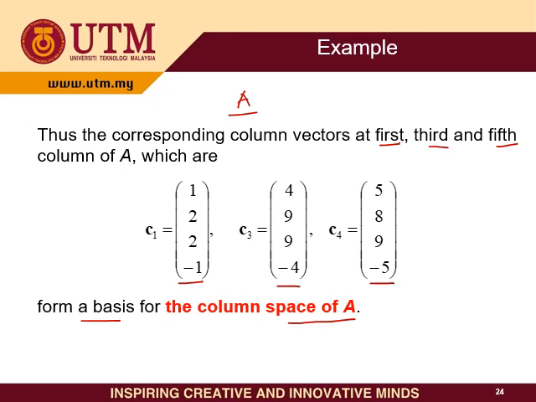For the row space you can directly find the basis of E, same as the basis of A, but in column space you must look back at the corresponding column vectors in order to find the basis of A. We cannot use the same as matrix E.